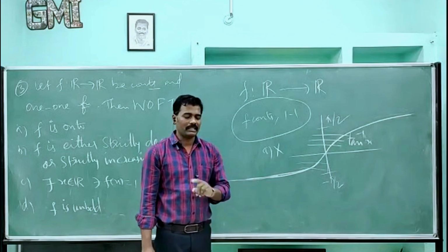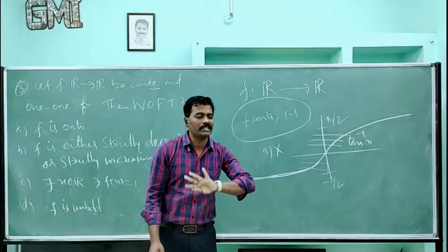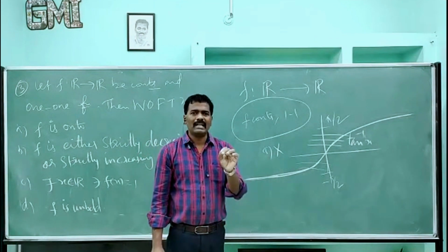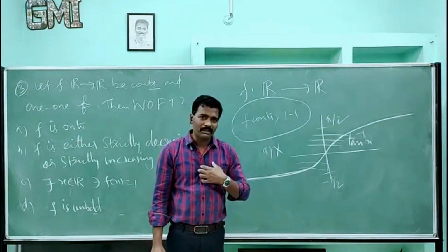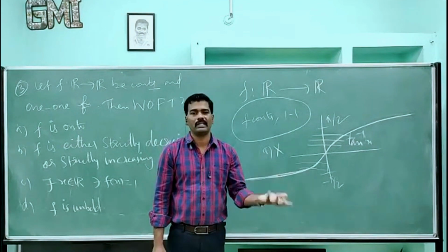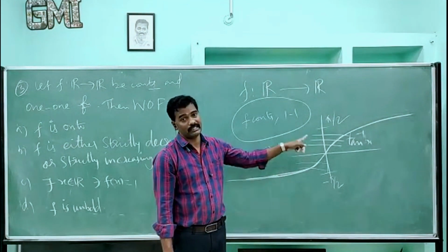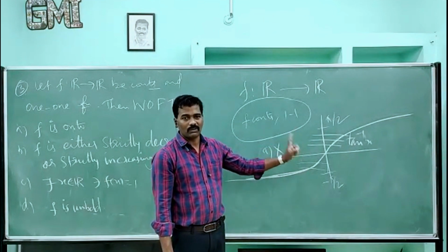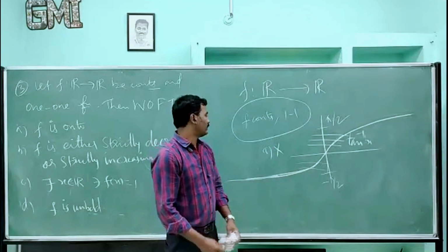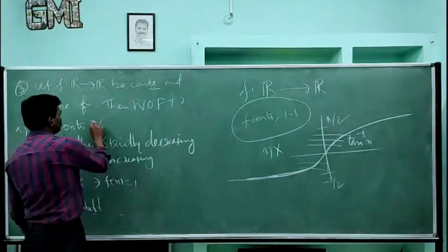The first option is asking whether a 1-1 continuous function always implies onto. Not necessarily onto. I have a continuous 1-1 function, but it is not necessarily onto. This is an example: continuous and 1-1, but tan inverse of x is not onto. So therefore, this is not always true.